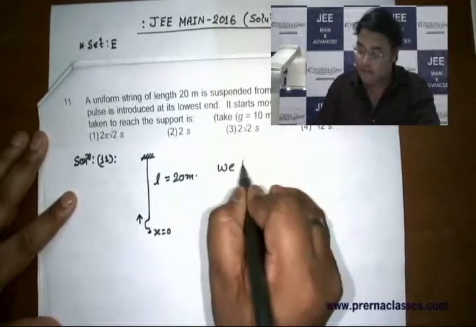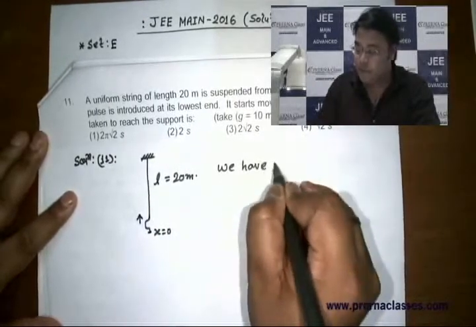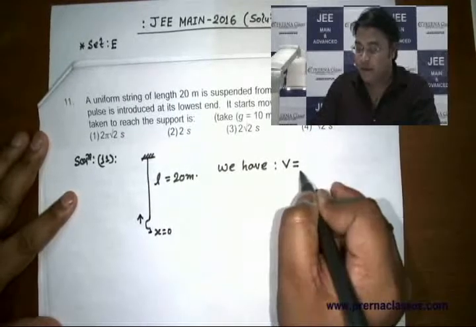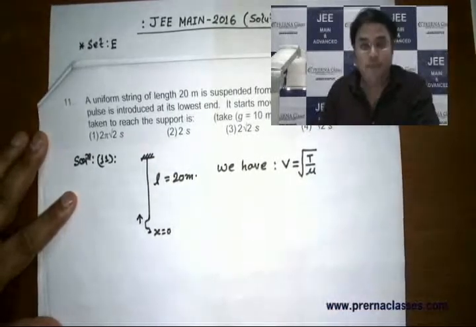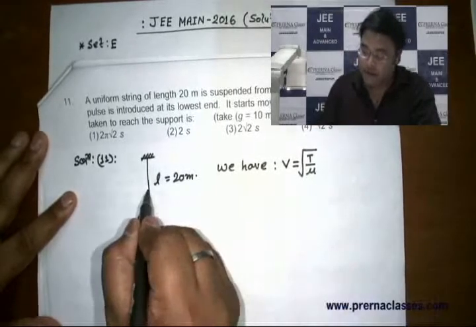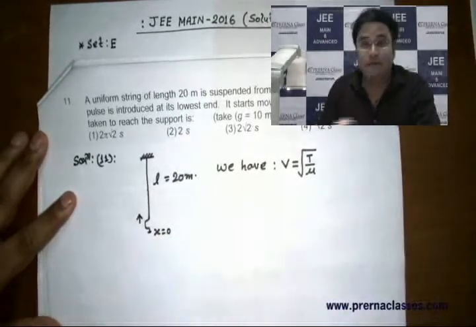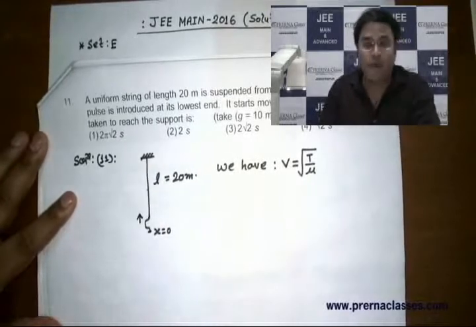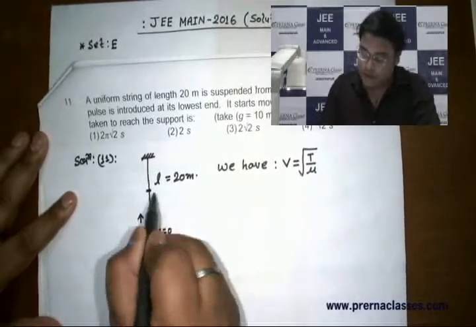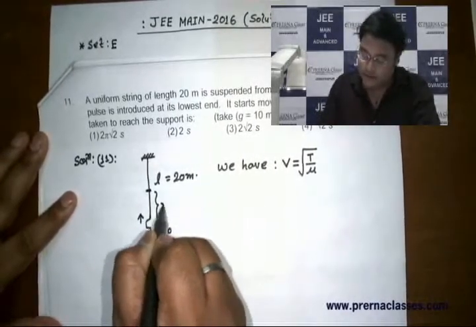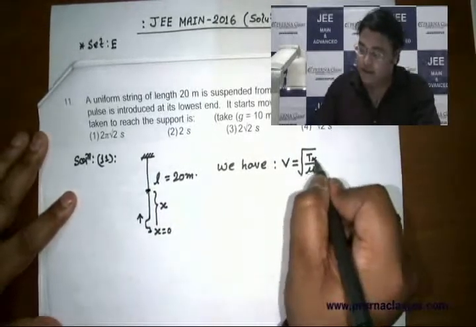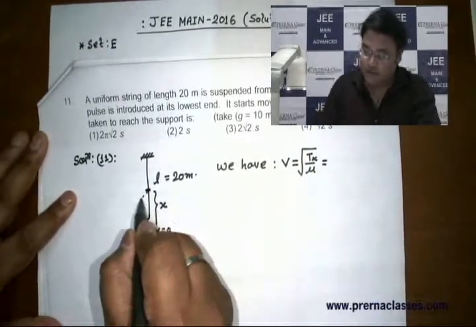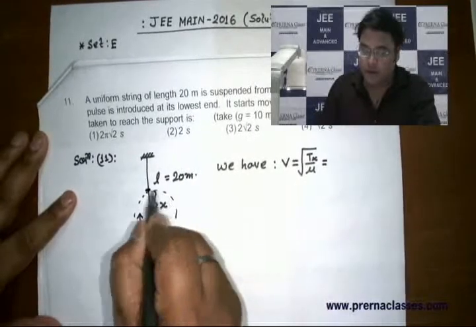We have wave speed equals under root of T by mu. Clear? And what will be the tension in the string? Definitely at different points we have different tension. So if we want to obtain tension as a function of x, at this point the tension is the weight of its lower part.